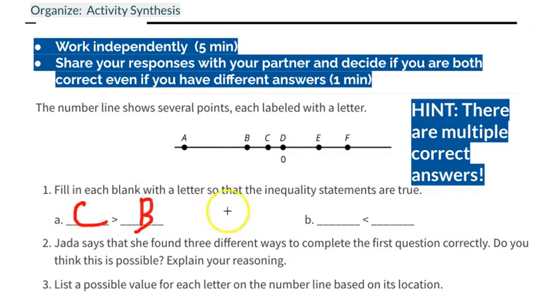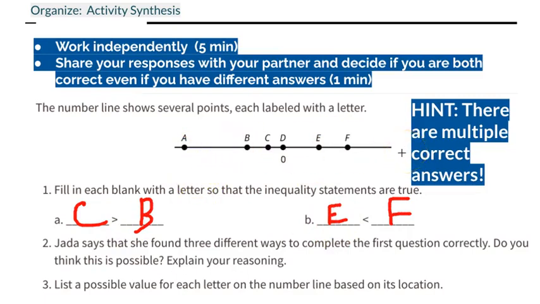Again, you could do a lot of different ones. What about a less than statement that would work here? What if I put E? What could I put that is greater than E? Yeah, the only one that's greater than E is F, isn't it? And if I had put F, I could have put all the letters. And if I'd put A here, I could have put all the other letters as well.